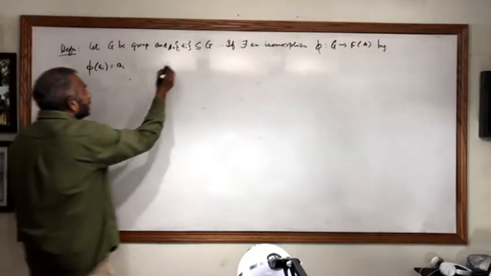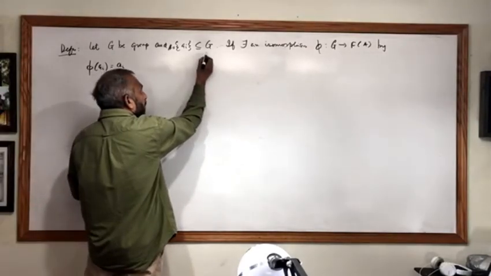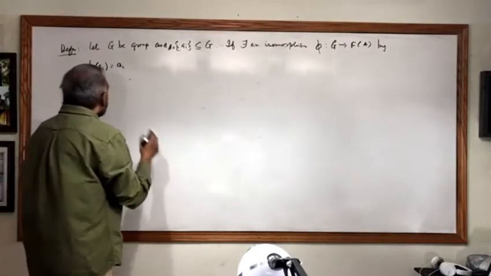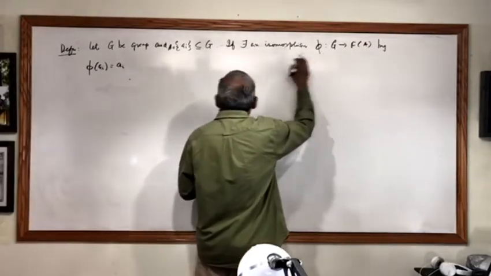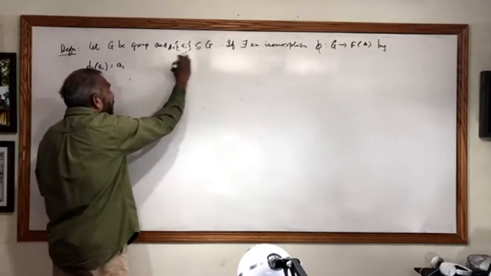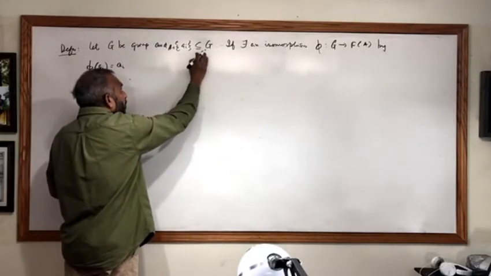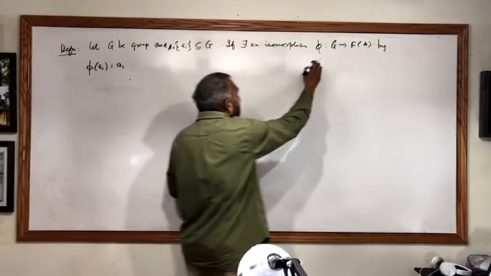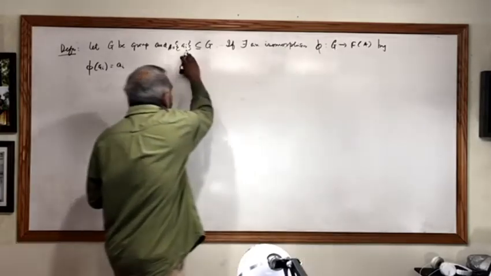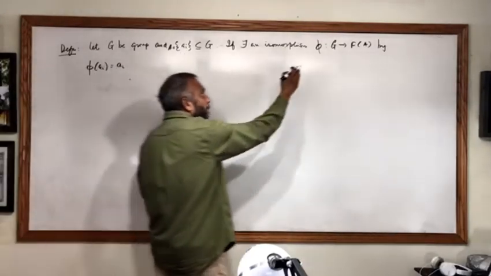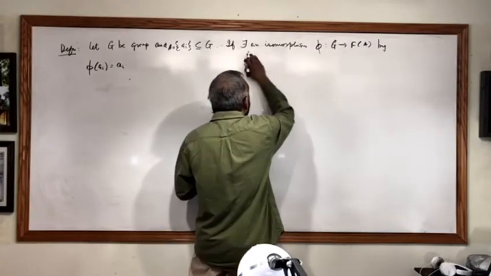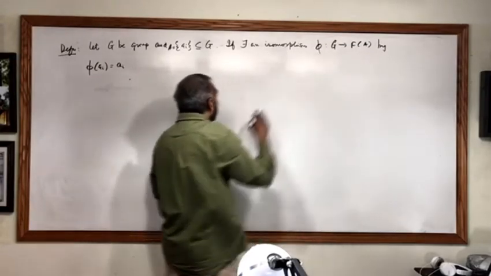See, this is just a subset of G. So we are defining it by taking only a few elements of G. That means G is generated by A. Then only this will even become a map.